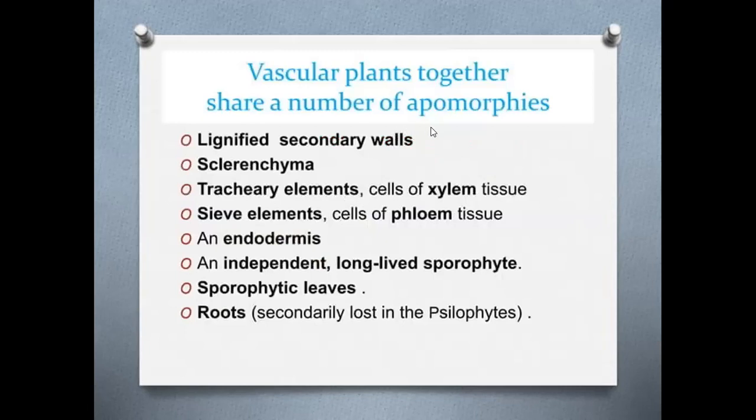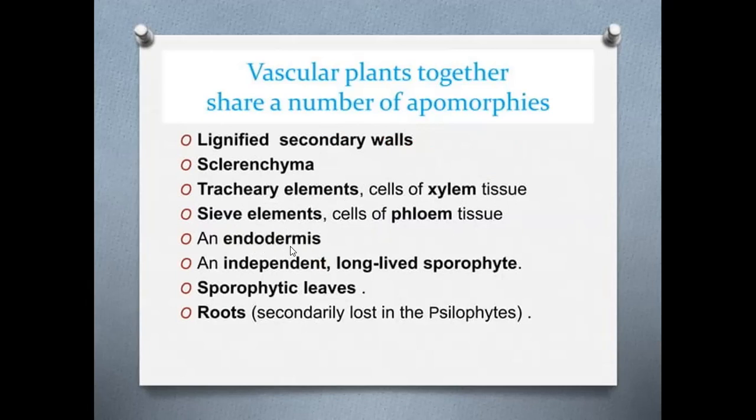Now, what are these vascular plants? They show a number of characteristic features. They have lignified secondary walls and sclerenchymatous tissue, already discussed in the stem or rhizome. Tracheary elements, which we call xylem tissue, and sieve elements, the cells of phloem tissue, are present.